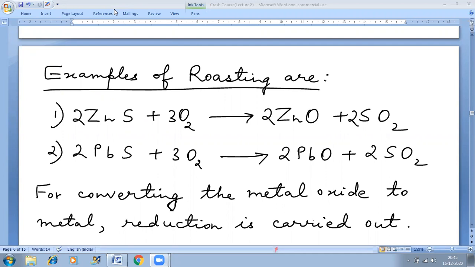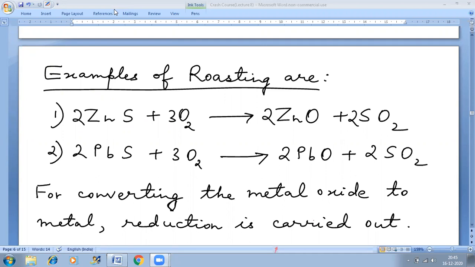Because after obtaining the metal there will be small amounts of impurities present. So in order to remove all types of impurities, you do a purification process of the metal. And that is the final step.